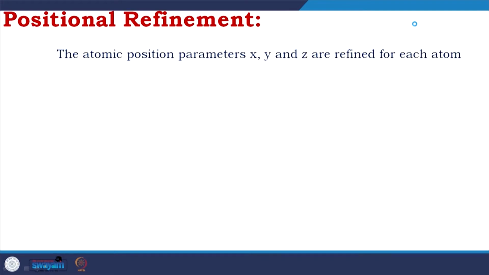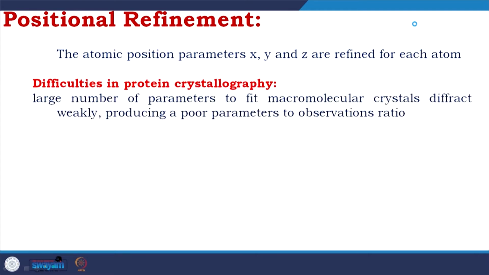Coming to positional refinement, the atomic position parameters x, y and z are refined for each atom. There are difficulties in protein crystallography. A large number of parameters have to be fit in macromolecular crystals, especially those which diffract weakly, producing a poor parameter to observation ratio.